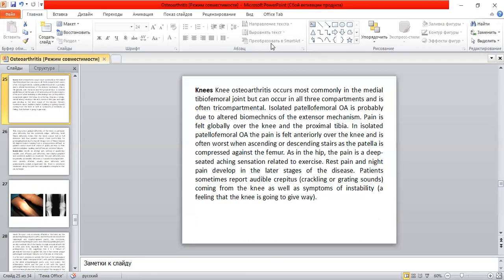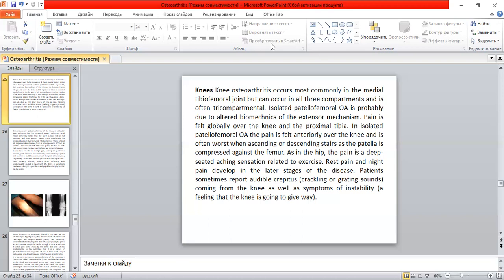In isolated patellofemoral osteoarthritis, the pain is felt anteriorly over the knee and is often worse when ascending or descending stairs, as the patella is compressed against the femur. As in the hip, the pain is a deep-seated, aching sensation related to exercise. Rest pain and night pain develop in the later stage of the disease.